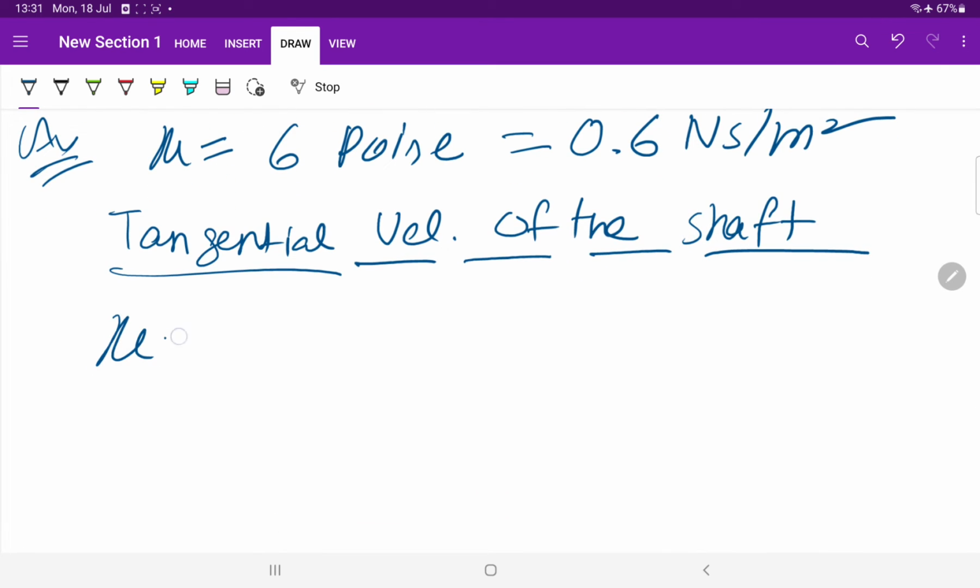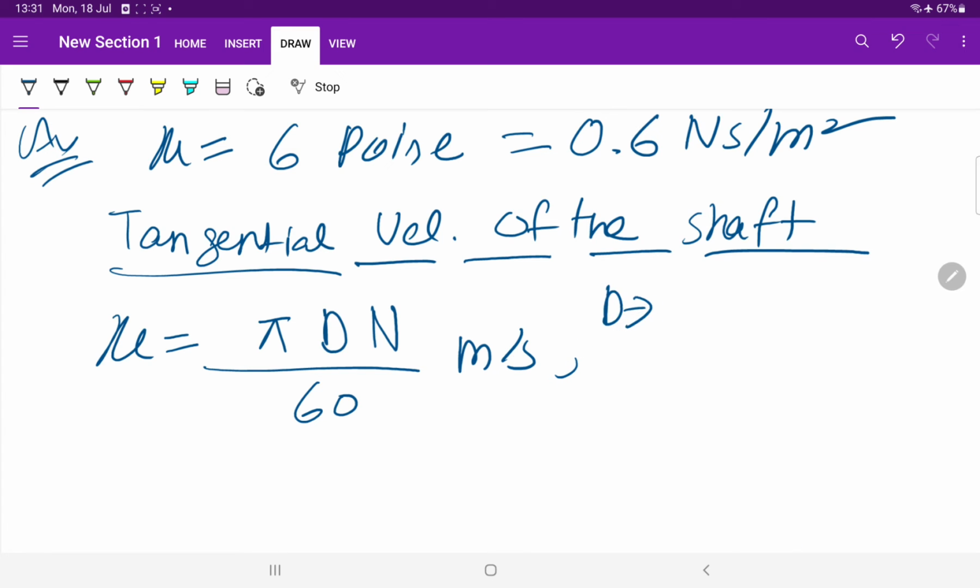So the velocity is equal to pi into d into N by 60 meter per second. Now d is the diameter of the shaft. Pi we don't need to write. N is the rotation speed.